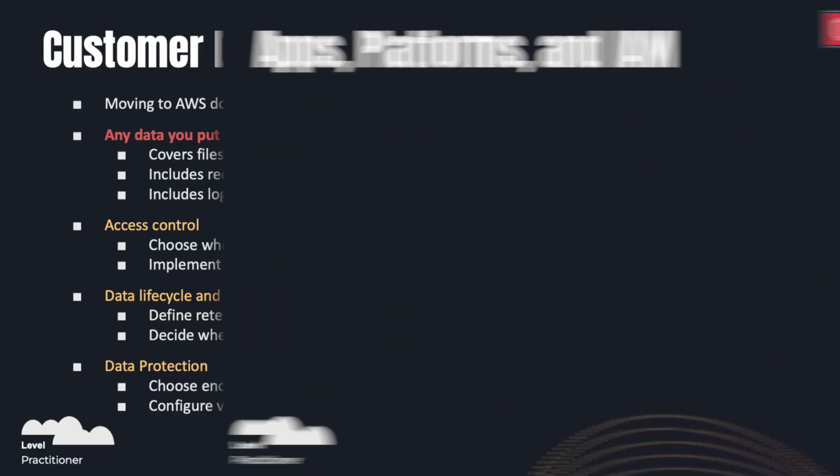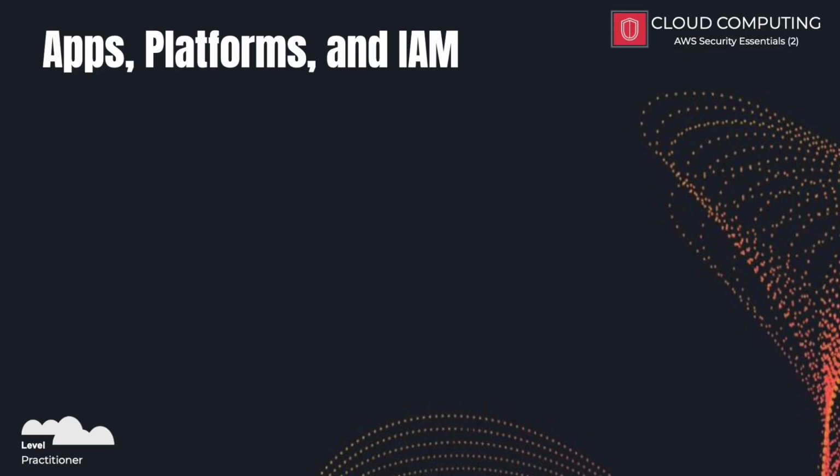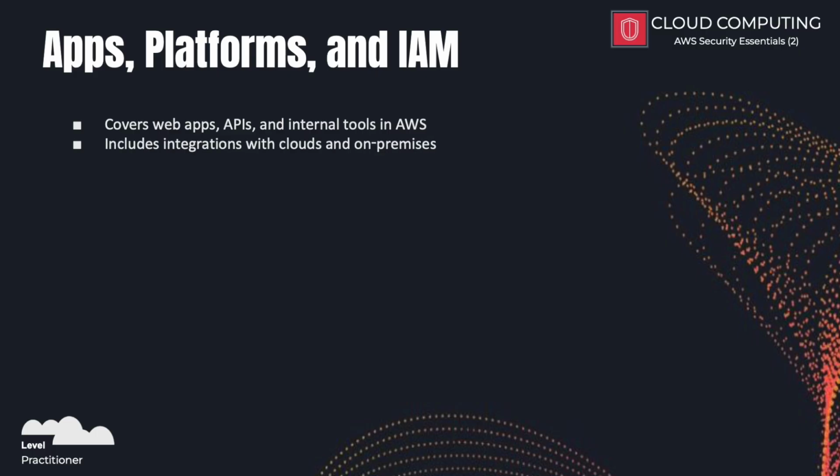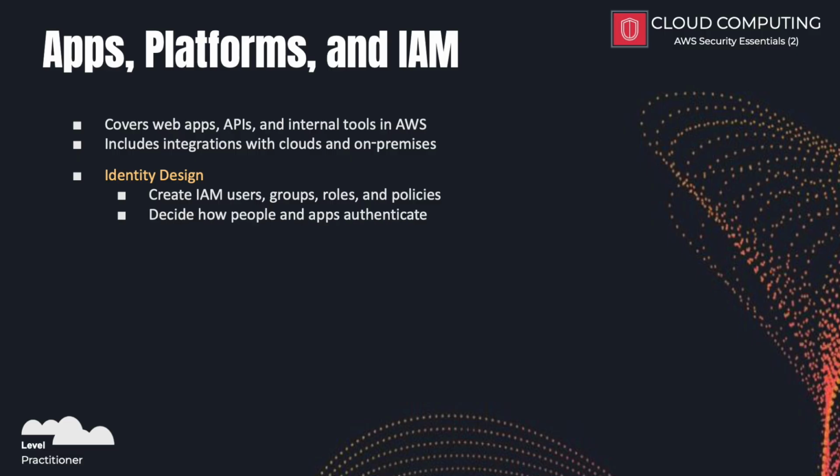Next, you're responsible for your applications, platforms, and identity and access management, or IAM. This includes everything you build or operate on AWS, such as web applications, APIs, internal tools, integration with on-premises environments, or other clouds. Your responsibilities here include identity design, which means creating IAM users, roles, groups, and defining how users and applications authenticate.